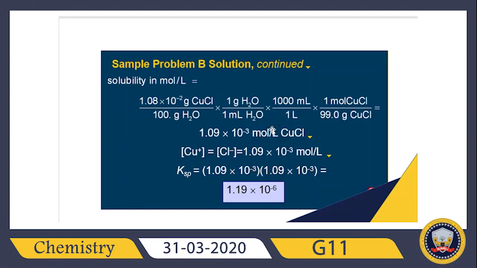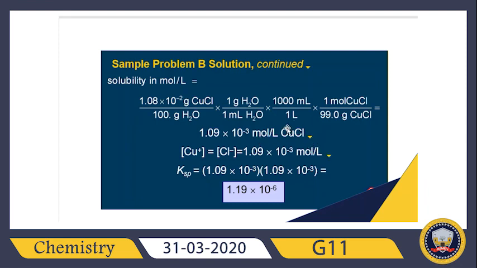in mole per liter. So all this step is just to convert the units from grams of copper chloride per grams of water into moles of copper chloride per liter of water. Okay, so once we get the solubility in moles per liter, we can easily find out the Ksp value.